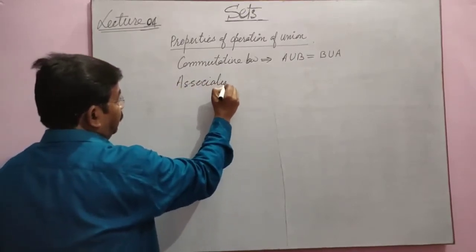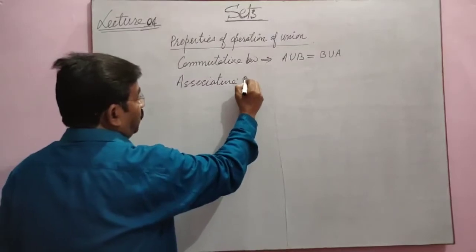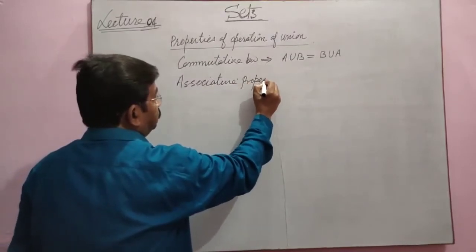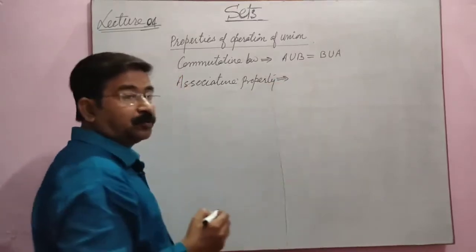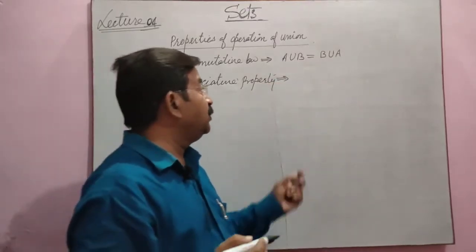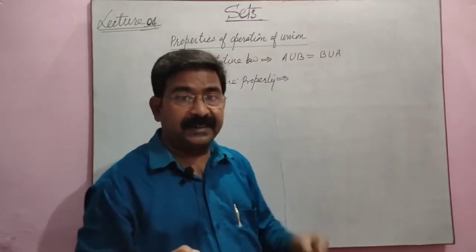Now the second one is the associative property. In this we use three sets.